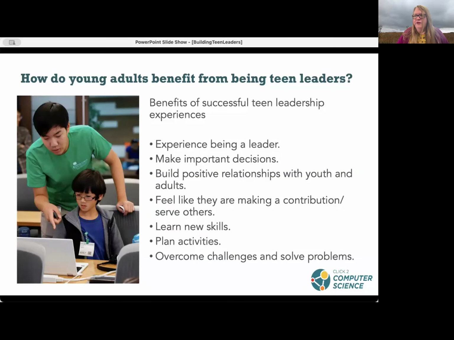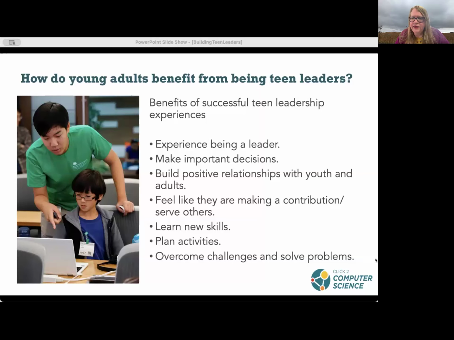This is another piece, some of the research in our field about what the benefits are to teens as they take on these roles. I will share that link as well, so you can explore more. These are what the researchers saw the benefits being to teens from having these sorts of experiences, their opportunities to grow and develop.